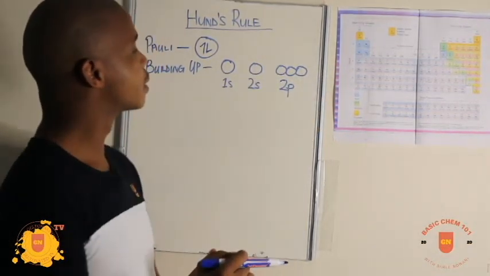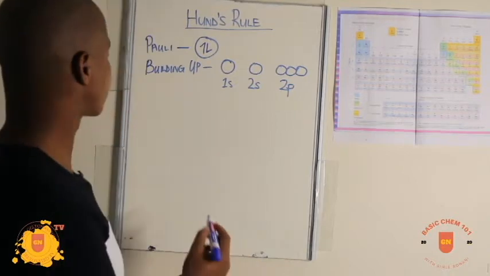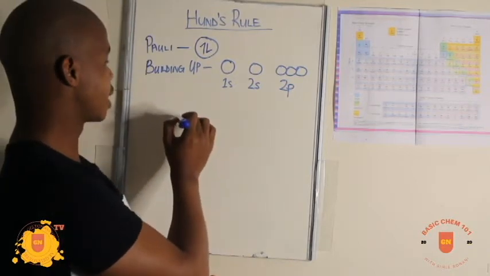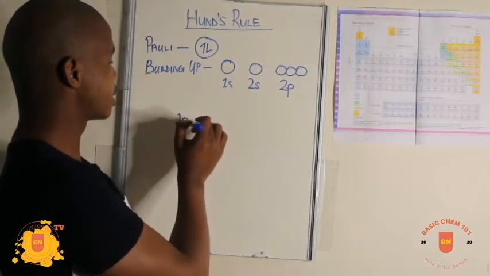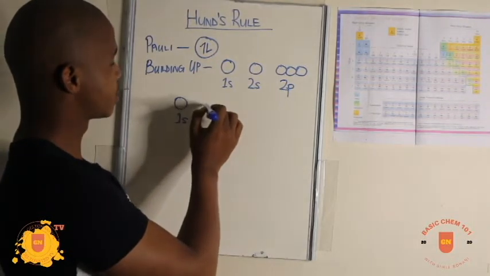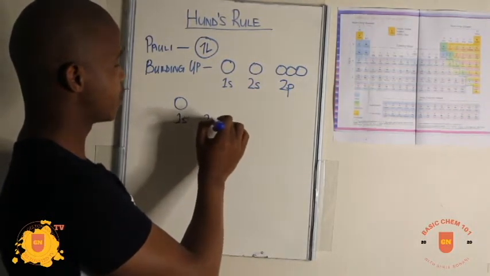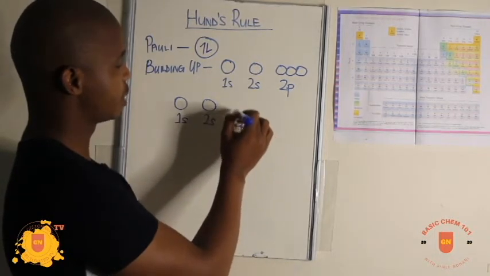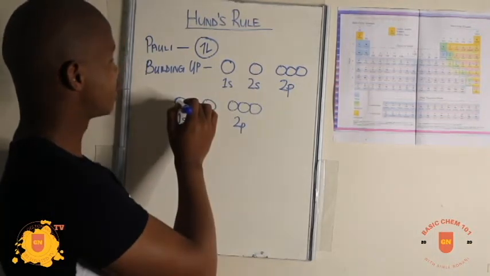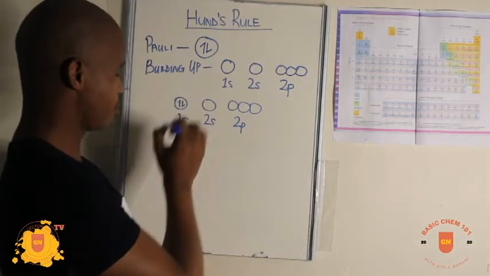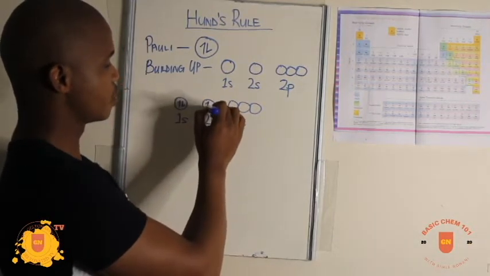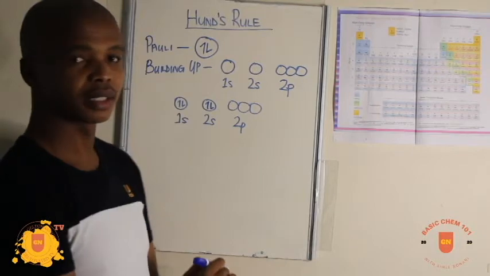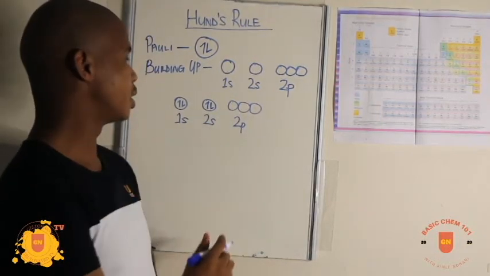Now if you have 6 electrons, you know that you're going to have 1s, 2s, then you have 2p. You fill up 1s, then you go to 2s, then you go to 2p.